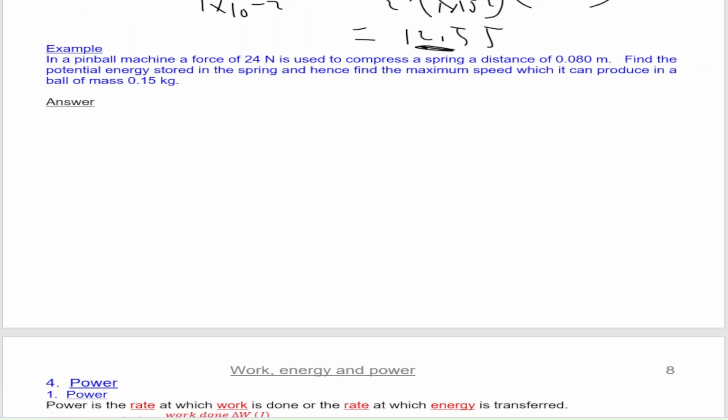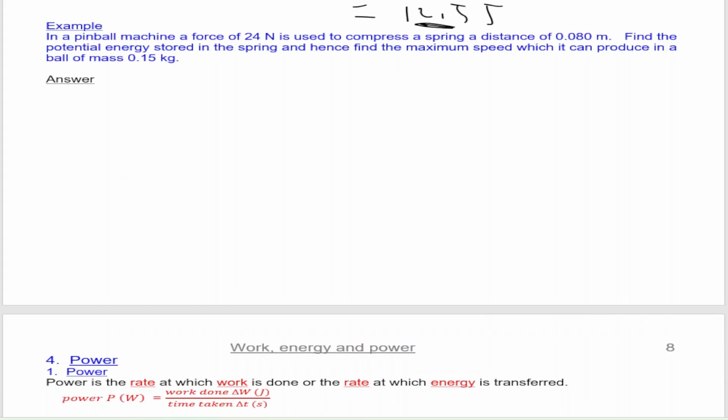Next, there's an example here. It says in a pinball machine, a force of 24 newtons is used to compress a spring a distance of 0.080 meters. Find the potential energy stored in the spring and hence find the maximum speed which it can produce in a ball of mass 0.15 kgs.